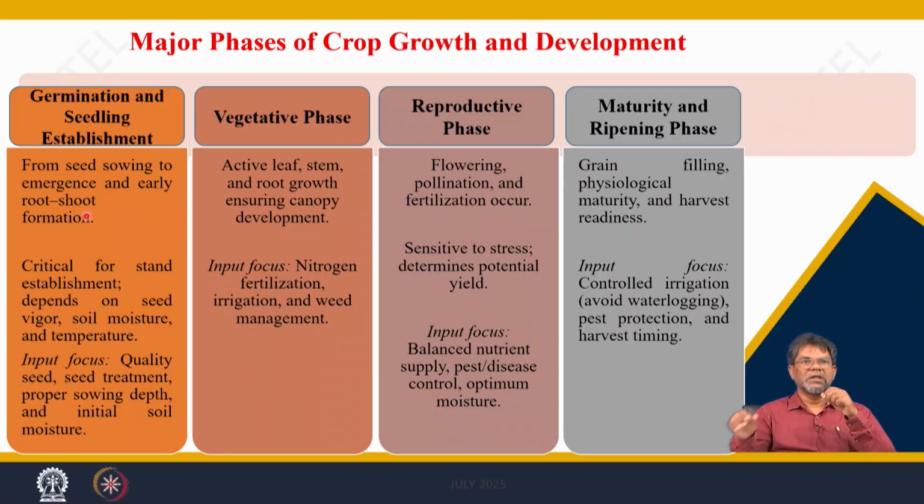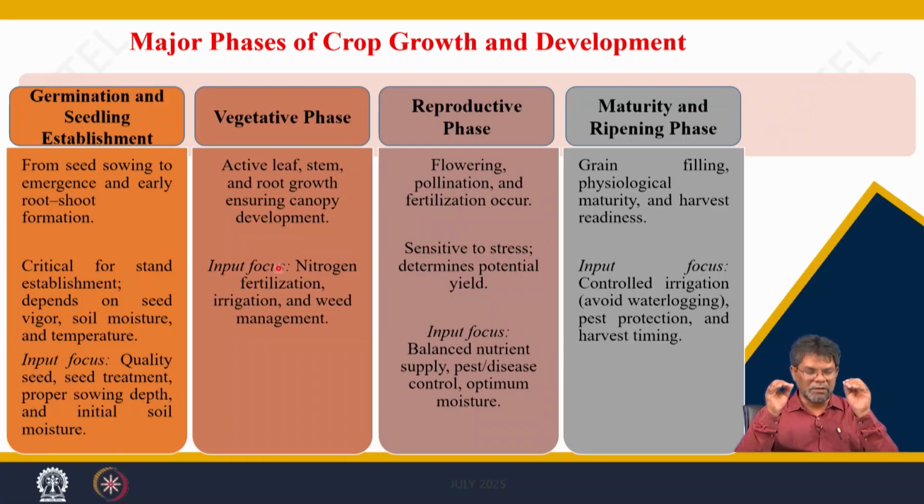The quality of the seeds is very important, so that there is proper germination, seed treatment, proper sowing depth and initial soil moisture, which influence the stand establishment. After that comes the vegetative phase. Once the crop is established, we have active leaf, stem and root formation, that is canopy development.